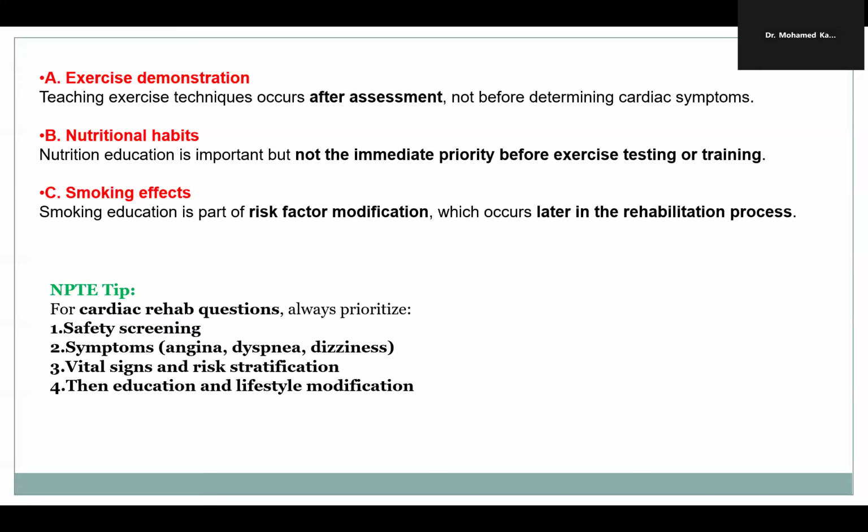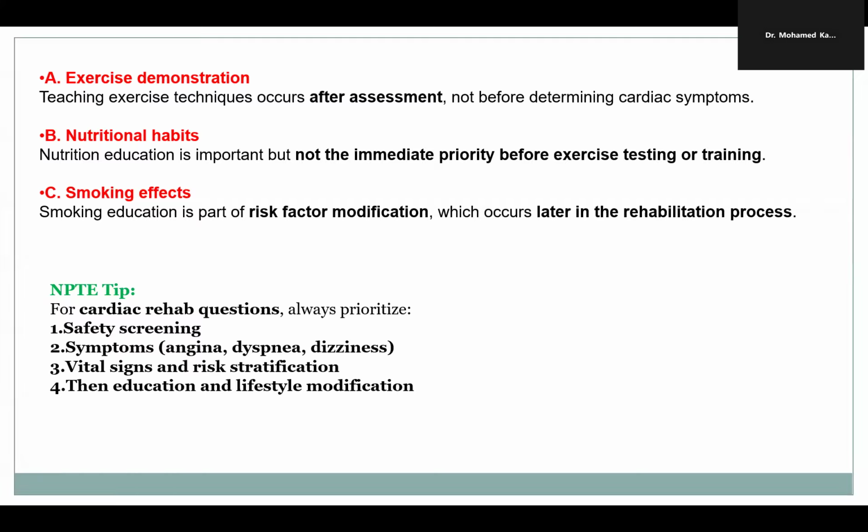Okay, we need to do exercise testing first, interview the patient, understand the condition, and then we can do that. Smoking effects, again, yes, it is one of the risk factors, and we need to help the patient with risk factor modification.